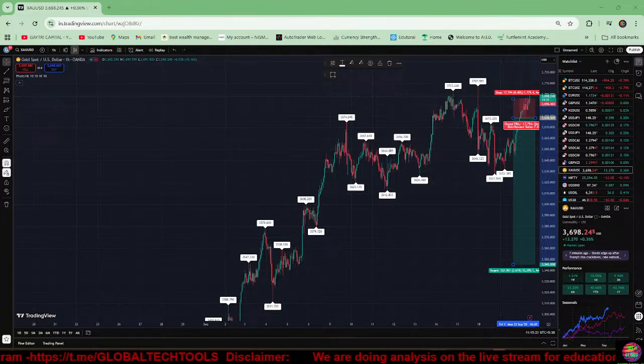The moment we close above that lower high, this market has now changed from bearish to then bullish. So then this will become the new highest high point, and then this will become the new highest low point because the market trend has now shifted.